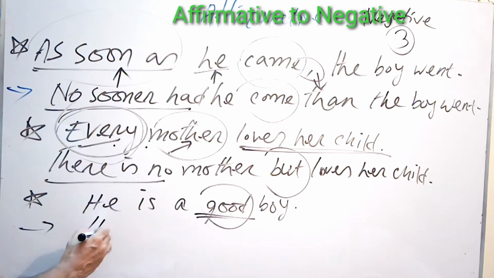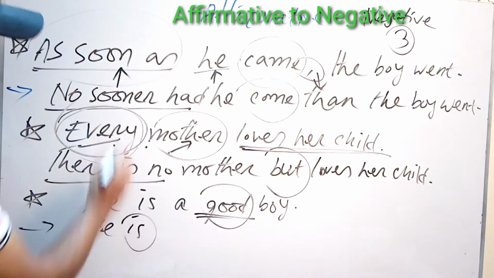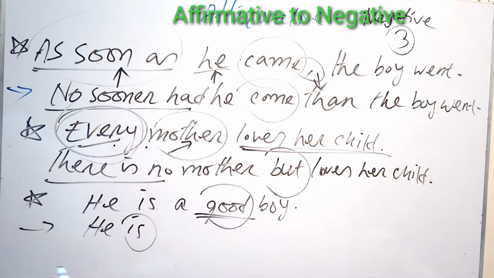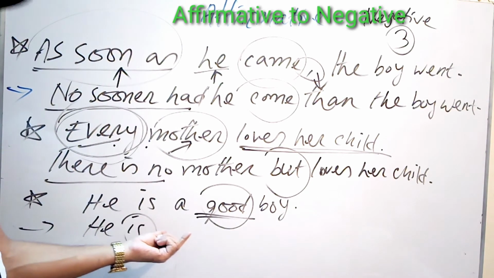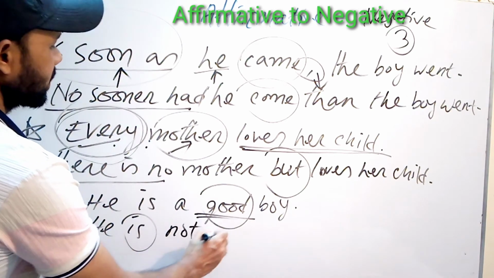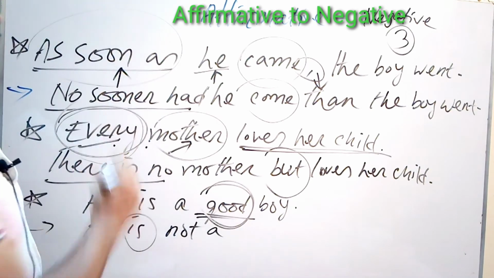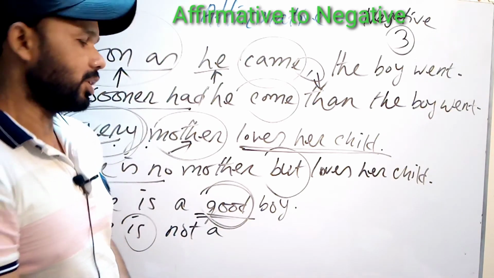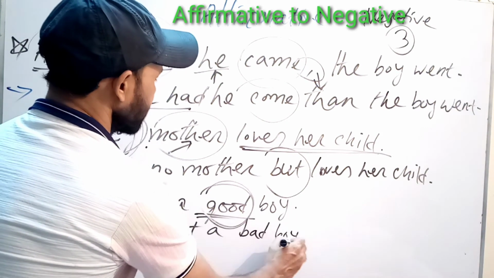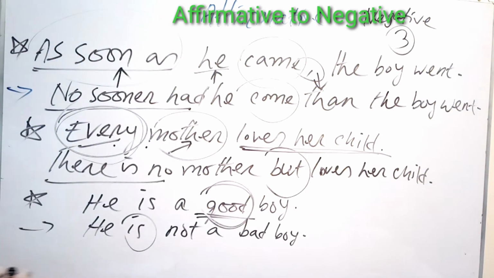What can it be? He is. Here it is used as a main verb, not an auxiliary. You have to write he is not a, and in place of good you write bad boy. So it is done into negative. He is not a bad boy.